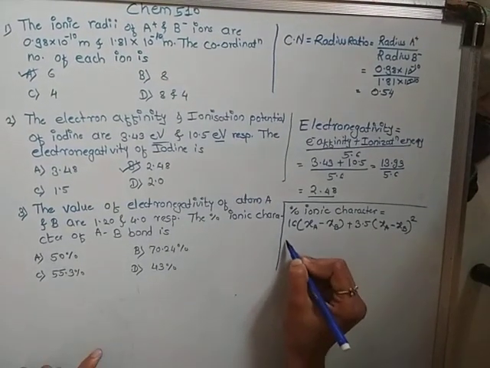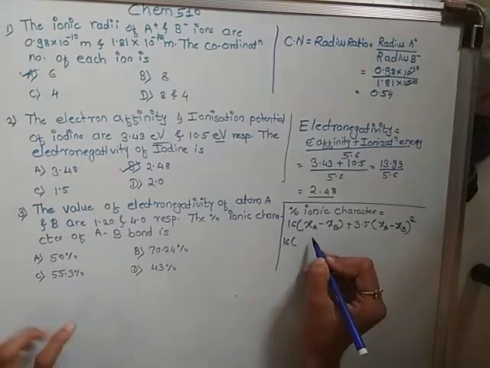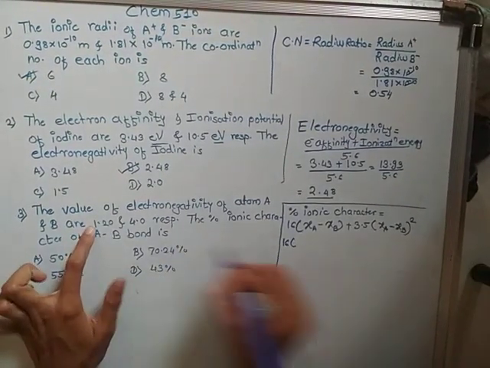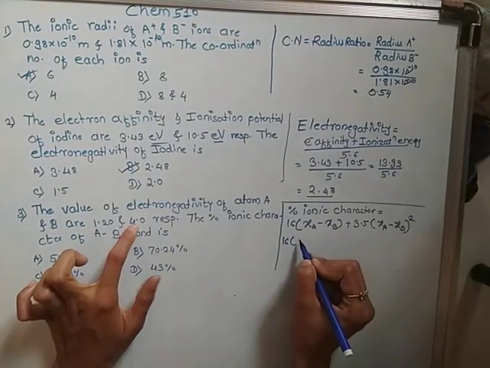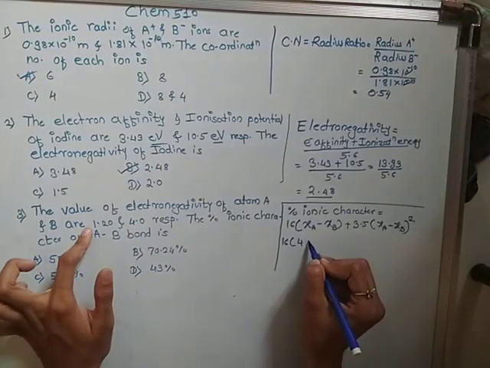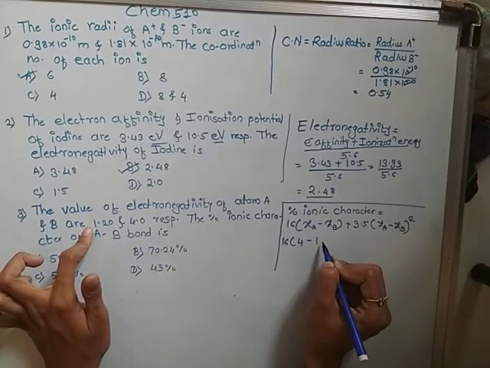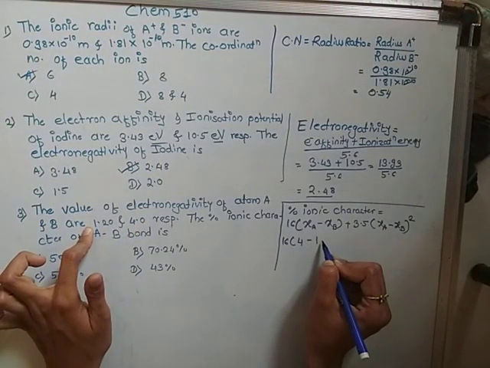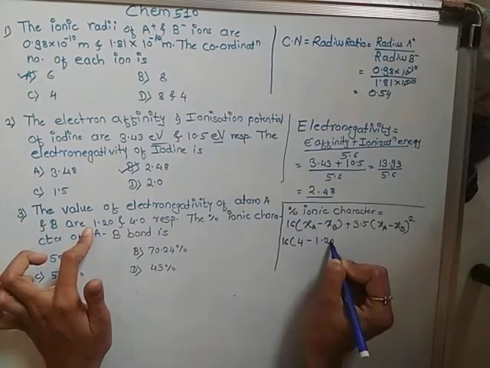So put the values. 16 into XA is 4 minus 1.2.